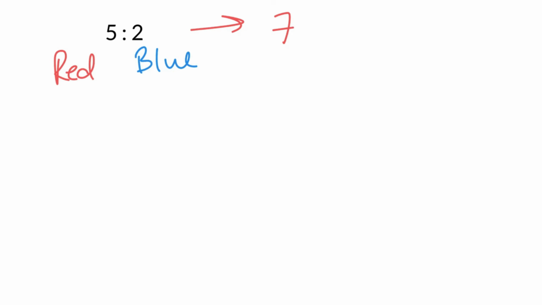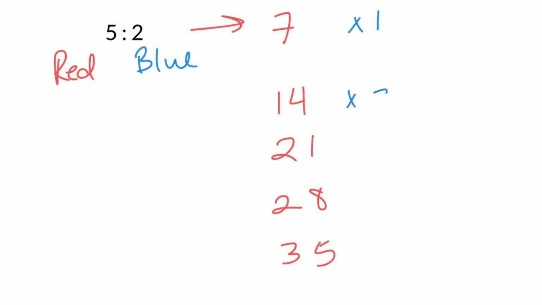So that means if the total from this group number here is 7, then my possible total numbers are 14, 21, 28, 35, and so on. So if we're looking at that, that is 7 times 1, 7 times 2, times 3, times 4, times 5, and so on.